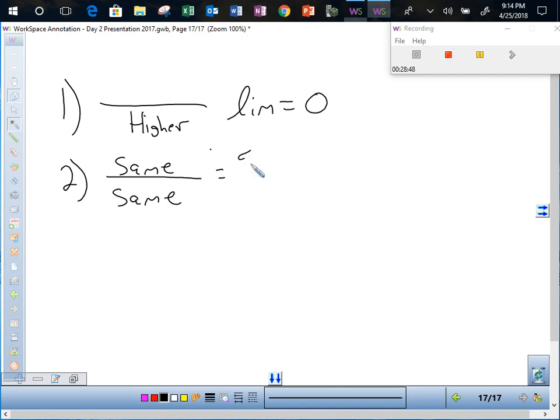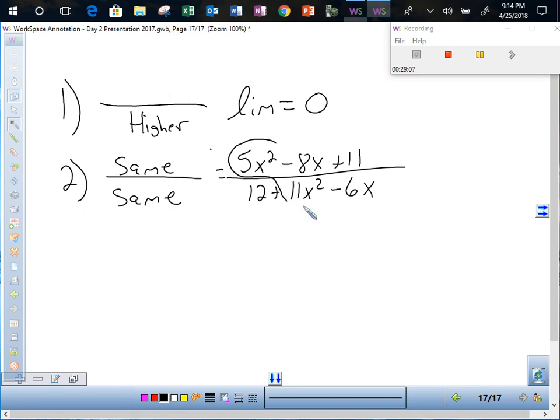Here's a real quick example: 5x squared minus 8x plus 11 over 12 plus 11x squared minus 6x. I purposely mixed them up, but the highest power in both of them is x squared, so go find those. This has a limit of 5/11.